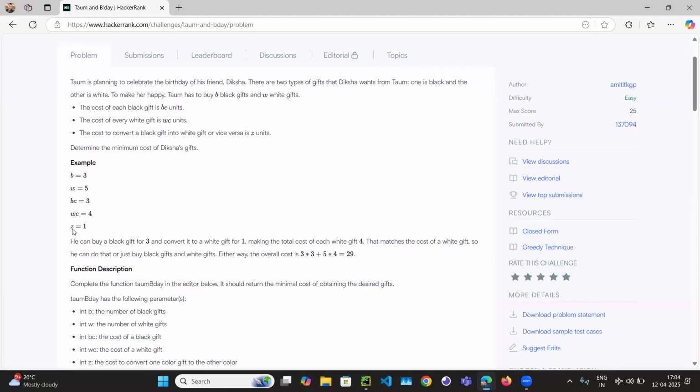The Z is 1, which means you have to pay an extra 1 rupee for the conversion. Now you have to figure out: shall I convert the black boxes to white boxes, or shall I convert white boxes to black boxes? What should I do so that I have to pay the least amount, right?